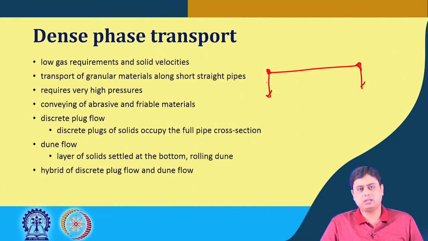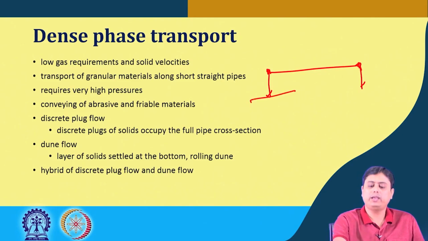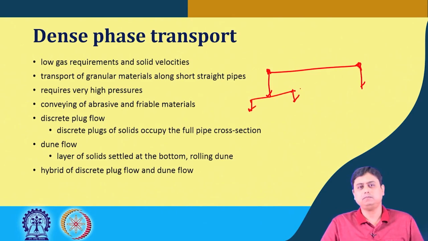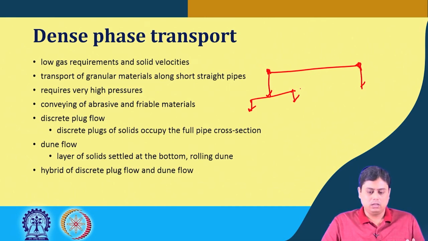Now in the dense phase transport, here also we can have two extremes. One is, say, the homogeneous flow, where the whole cross section is filled with the solid particles, so a kind of plug flow of solids can happen.